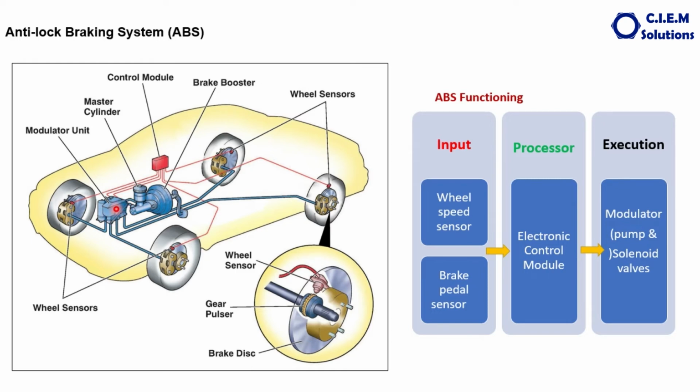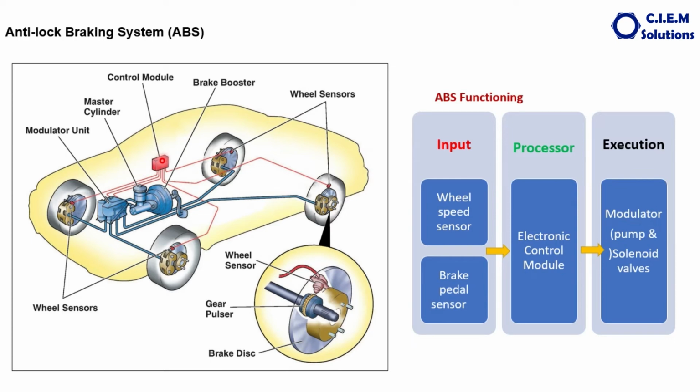I will explain in brief the functioning of the ABS in this circuit itself. This sensor always keeps sensing the speed of this vehicle. It senses the locking of the brake immediately, that is, the speed of a particular wheel slowing down immediately, and sends the signal to this electronic control module.